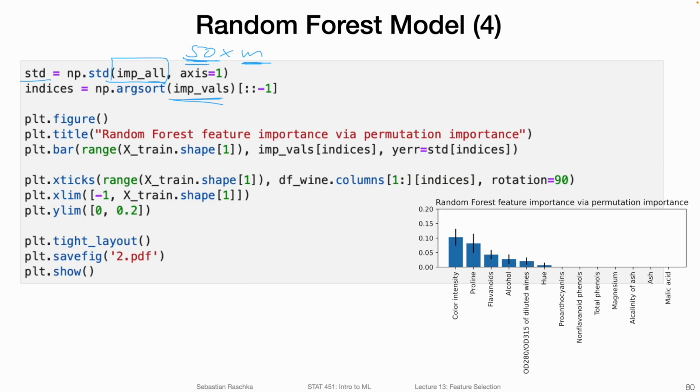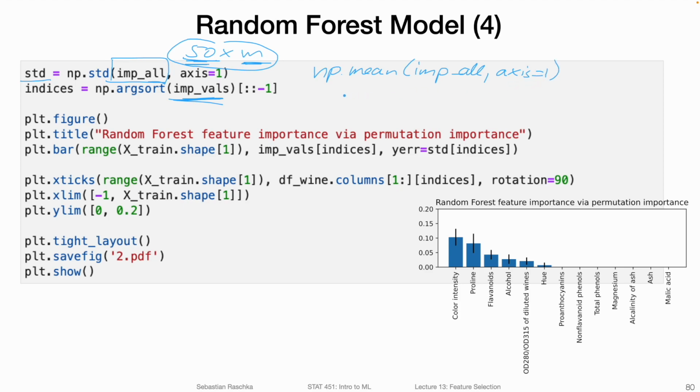The imp_vals are already the importance values, which are essentially the means of these. So imp_vals are essentially just numpy mean of imp_all, with axis equals 1.